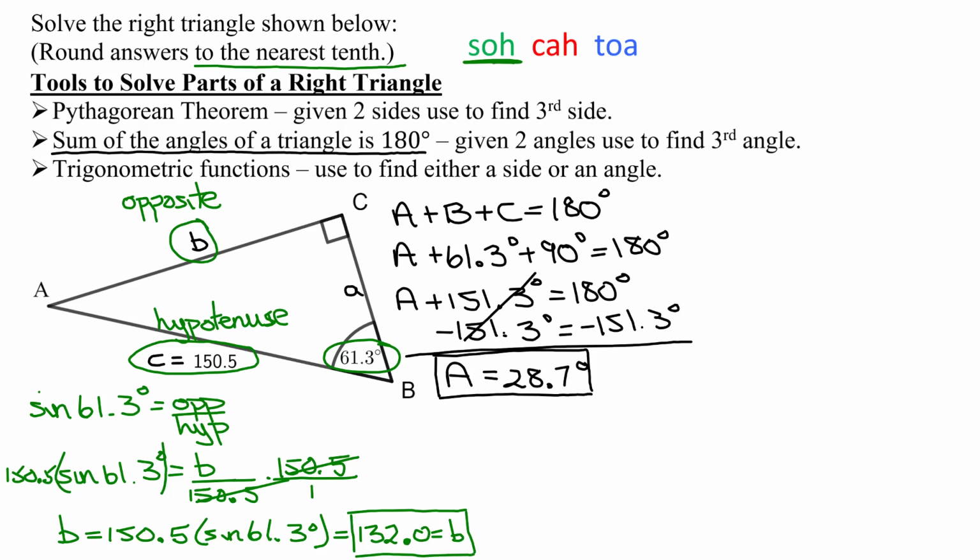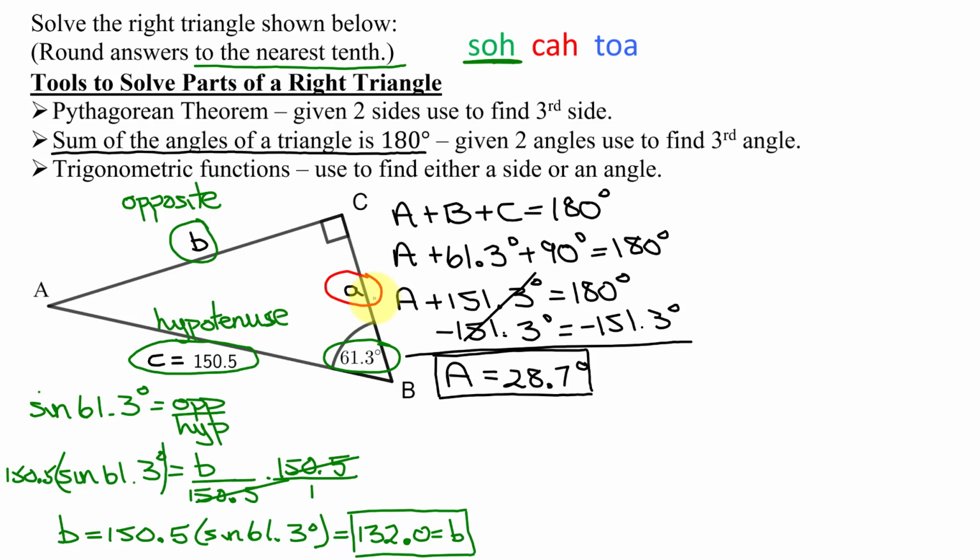Now I need to find the last part of the triangle, and that is side A. Since we were given side C, I found side B. I could use the Pythagorean theorem to find side A, since I now know two sides. But if I'd have made a mistake finding side B, then side A would also be incorrect.